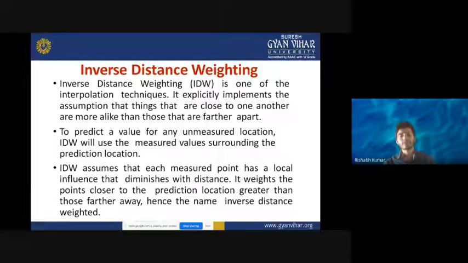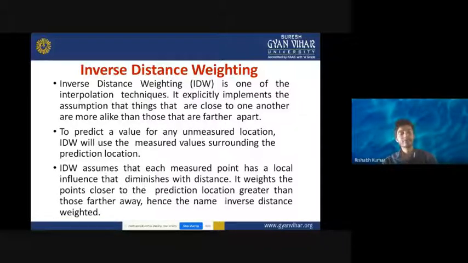So IDW assumes that each measured point has a local influence that diminishes with distance. Measured point means वो वाली locations जहाँ पर आपका डाटा अवेलेबल है, जैसे कि स्टेशन डाटा, आपका जो रेनफॉल का डाटा होगा that will be available only for the locations जहाँ पर आपके स्टेशन हैं, वहाँ पर your data will be available. So those points are known as measured points, जहाँ पे आपका डाटा नोन है और जहाँ पे हमने डाटा निकालना है that is going to be known as prediction location.